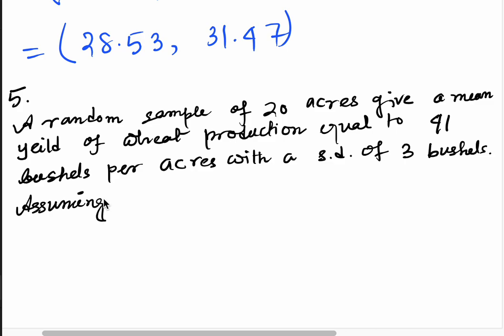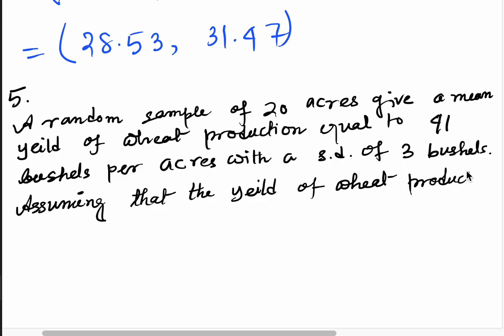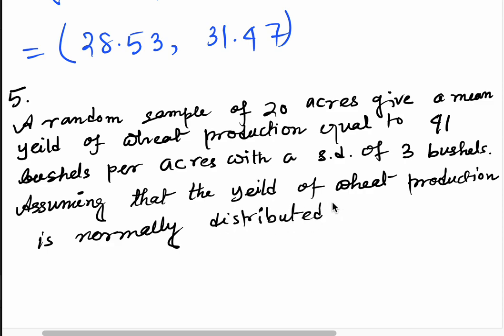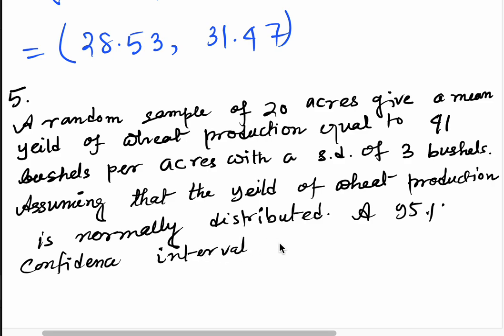Assuming that the yield of wheat production per acre is normally distributed, find the 95% confidence interval for the population mean.